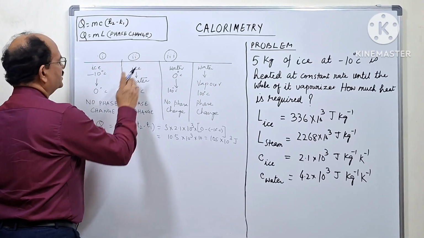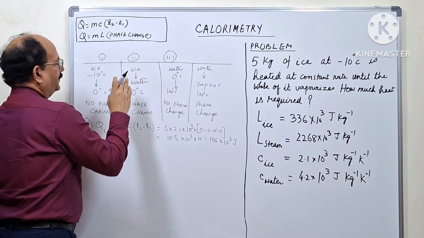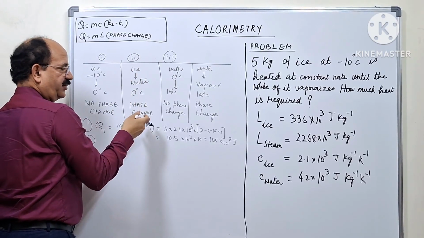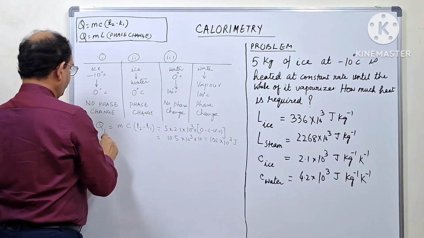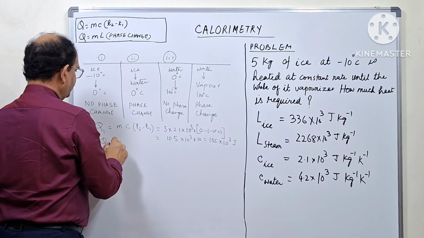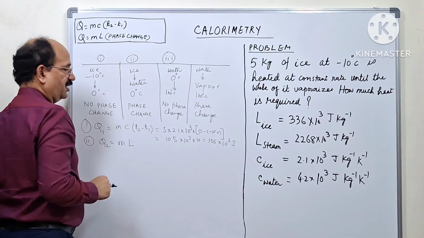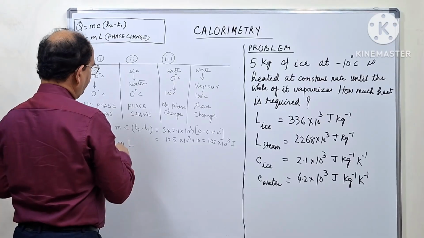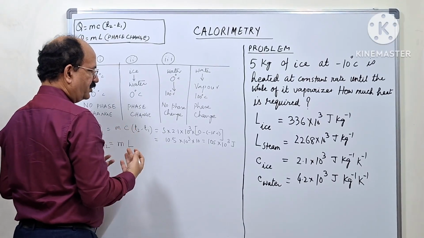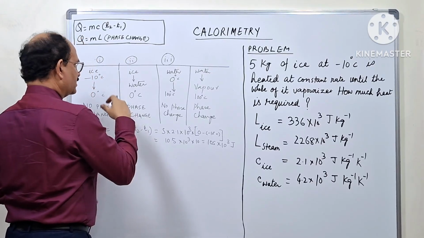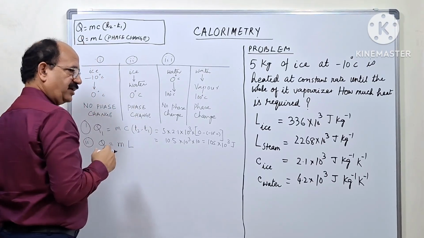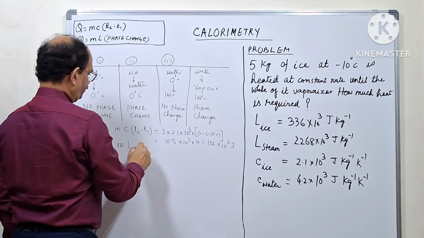In the second stage, when ice is getting converted into water, this is a phase change scenario. In the phase change scenario, we will use this formula because there is no temperature change. Every bit of heat which you are supplying is being utilized in converting ice into water.